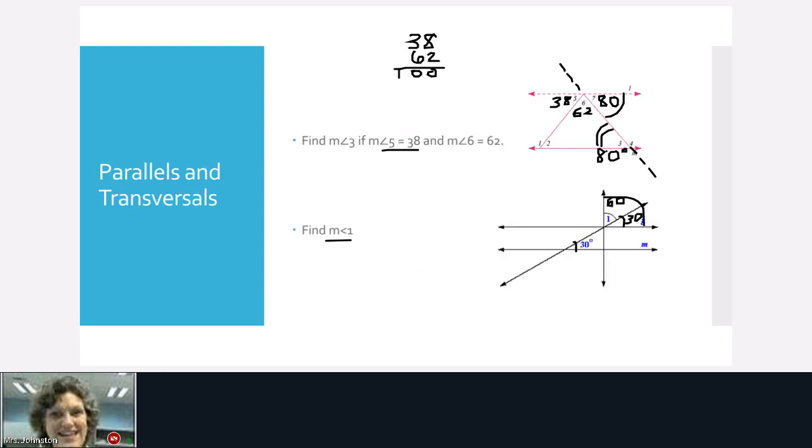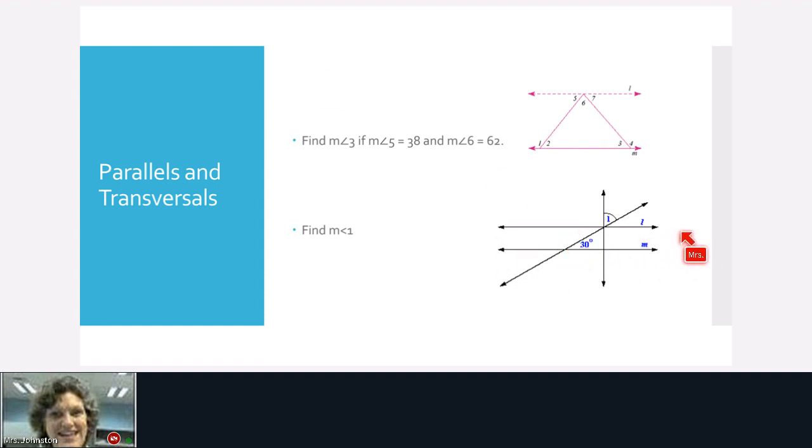Okay, now when we're talking about parallels, we are creating lines and angles that use a transversal. So if you look at this illustration down here on the bottom, you can see that lines L and M are assumed to be parallel, and that there's a diagonal line going through here, and that's called a transversal.